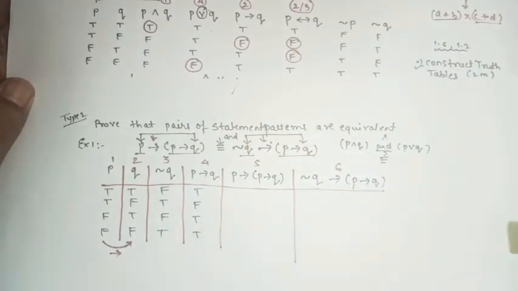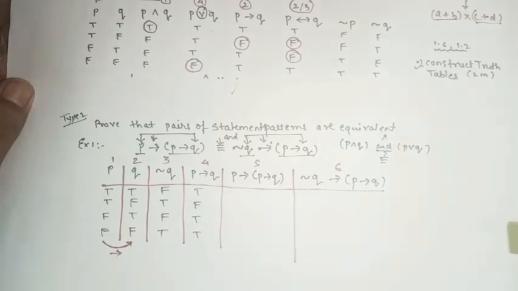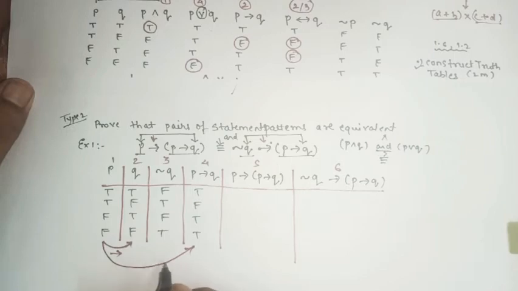Now the fifth column is what? Between P and P implies Q. That means P and P implies Q, and the connection is again implies. Yes or no? No need of drawing this pattern. I am telling this just for explanation.